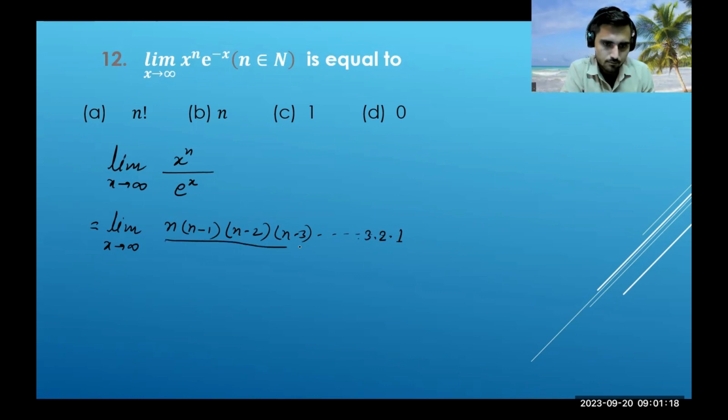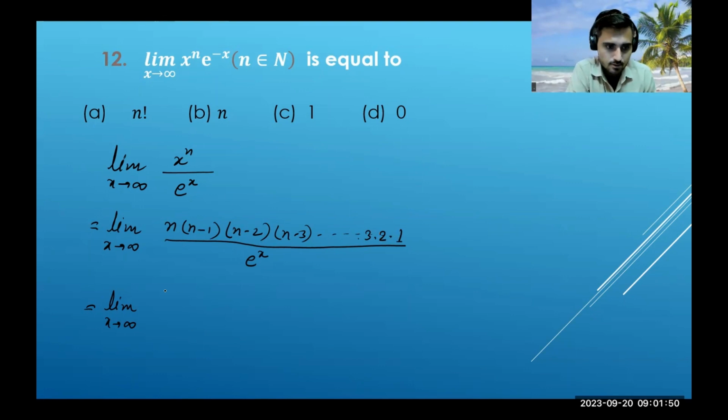Now we have, in the denominator, if you differentiate e raised to the power x n times, there is no difference. We'll get just e raised to the power x every time after differentiation. So limit x tends to infinity, and now n into n minus 1 into n minus 2, n minus 3, up to 3 into 2 into 1. So what is this? It's factorial n. It's factorial n upon e raised to the power x, right?